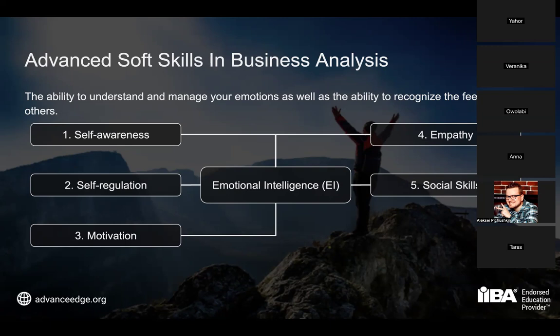Once you have that self-regulation and self-awareness, you can understand what motivates you and what demotivates you. Assume you have prepared documentation for certain requirements, you show your documentation and you receive negative feedback. And you can say, well, I'm not doing this anymore. I don't like that. They don't understand my ideas. They don't like what I'm doing here.